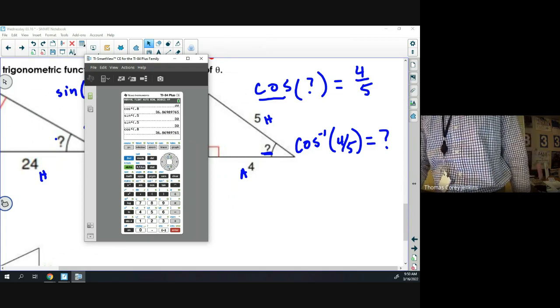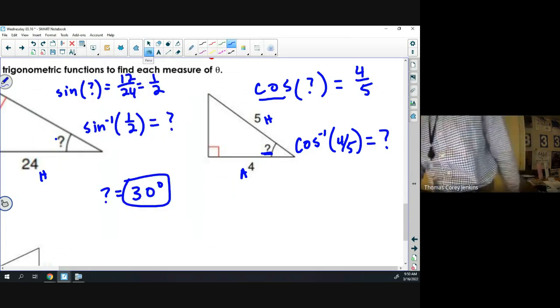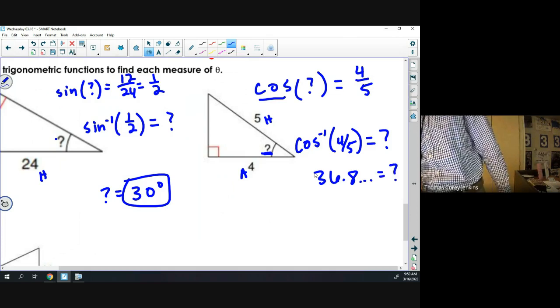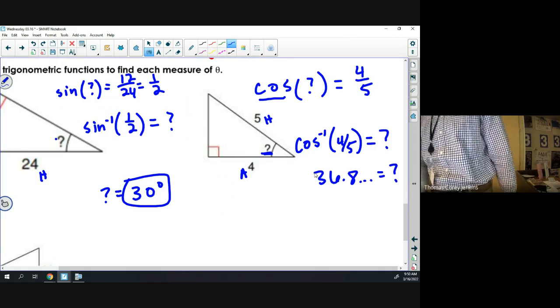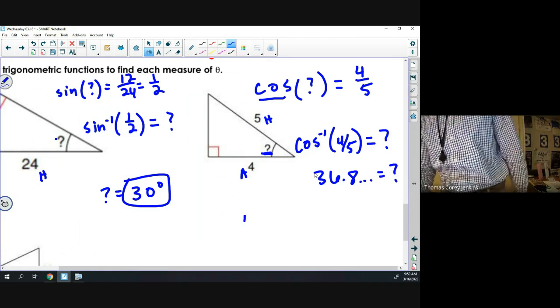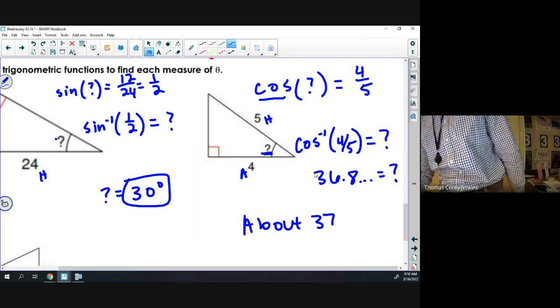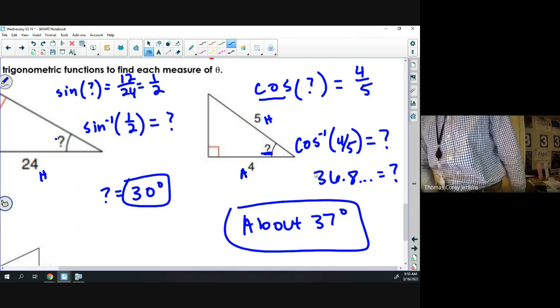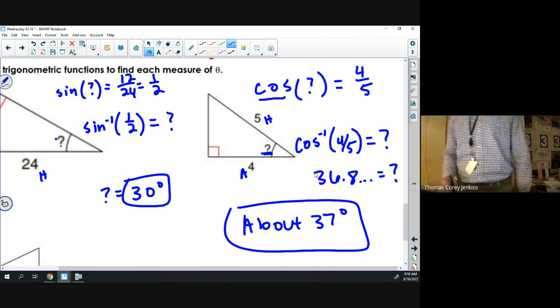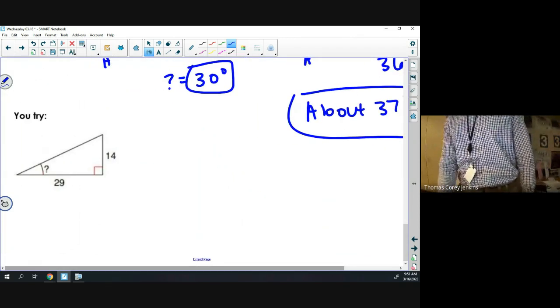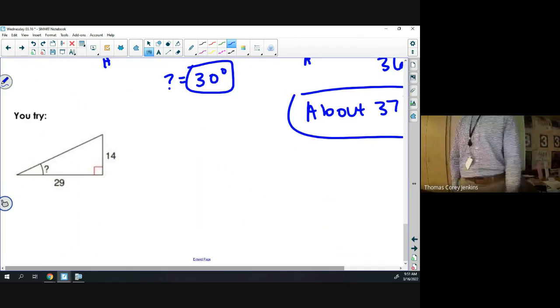Is that what you guys are seeing? Usually we go to the nearest degree on these, so we'll call it about 37 degrees. Any questions? All right, you guys try that one, and then we'll go over it in just a sec.